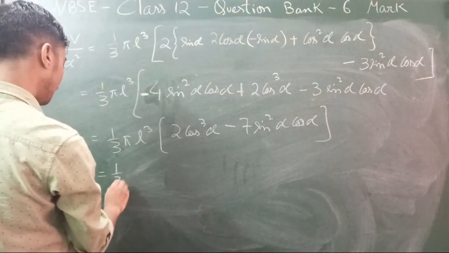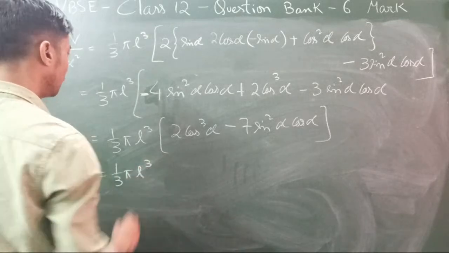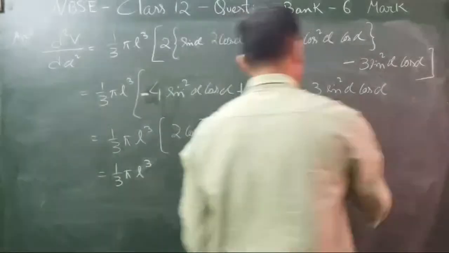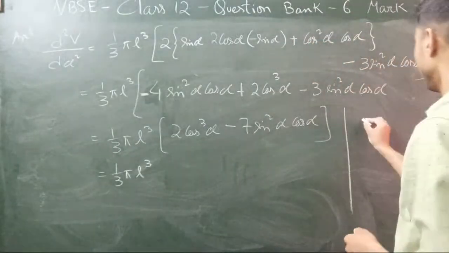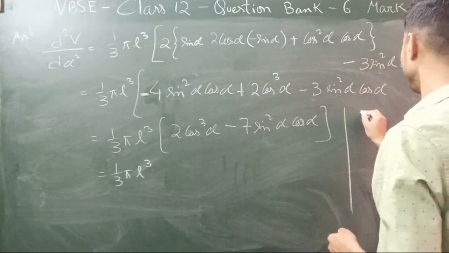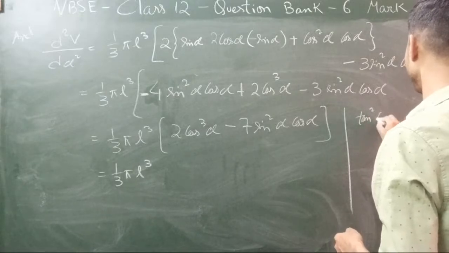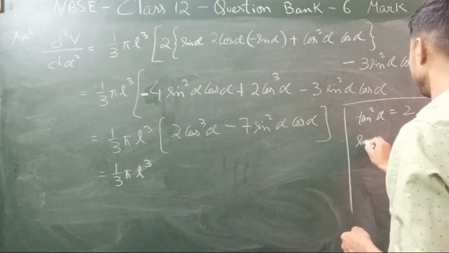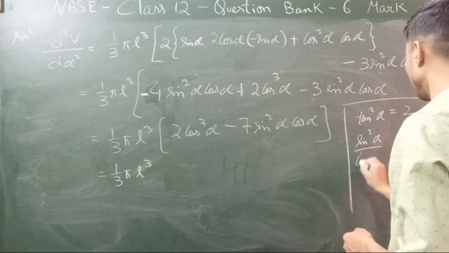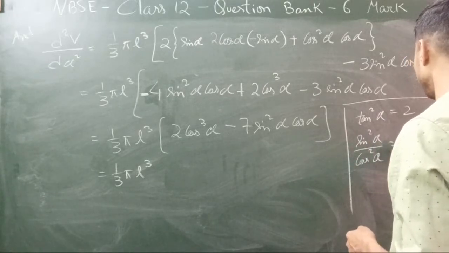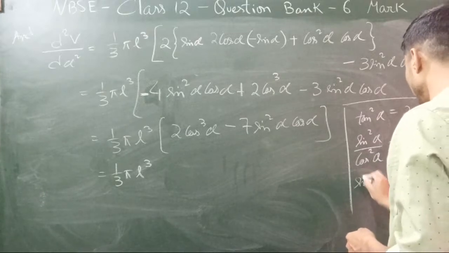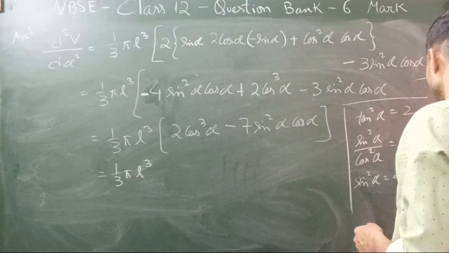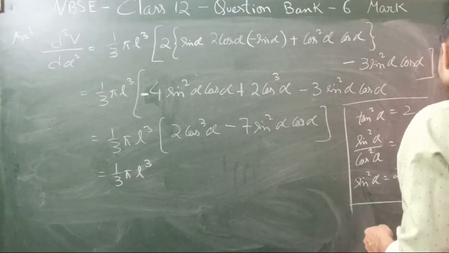So 1 by 3 pi L cube. We can just reduce this a little bit because we have already seen that tan square alpha is equal to 2. That is sine square alpha by cos square alpha is equal to 2. That means sine square alpha can be also written as 2 cos square alpha, just for reducing the equation.